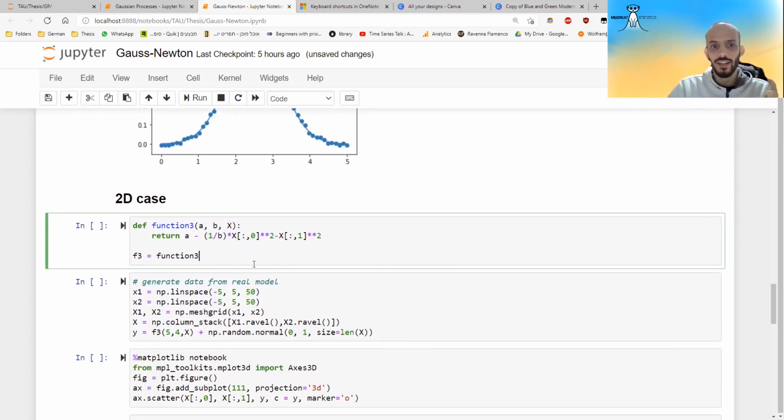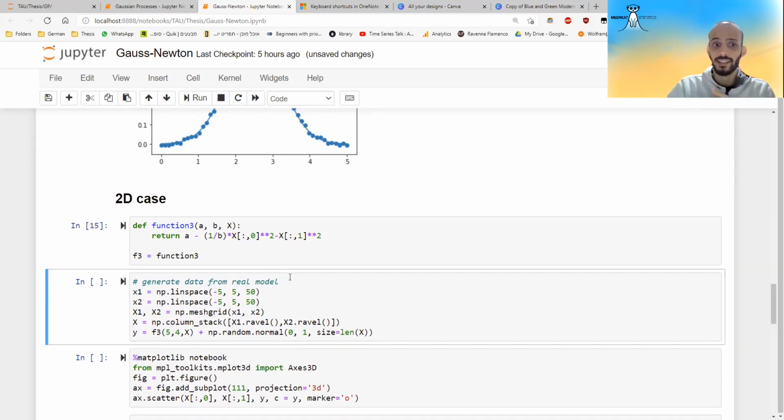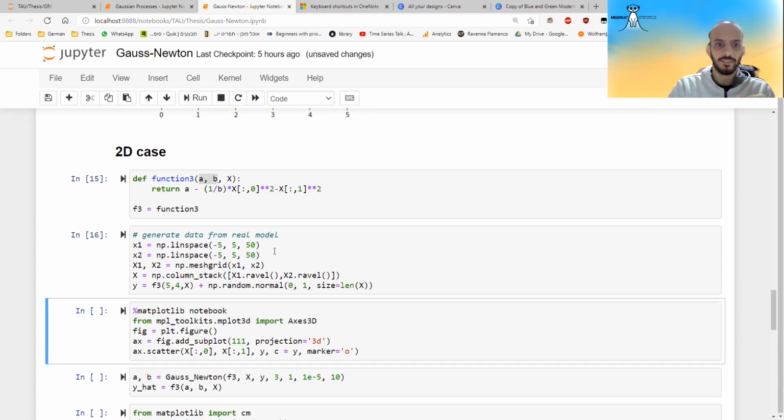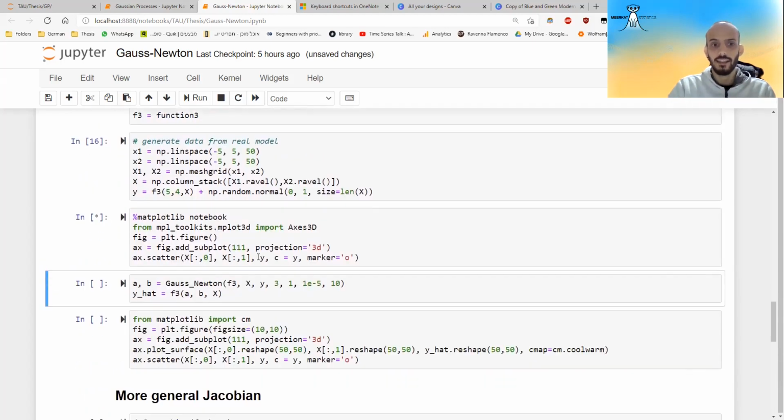So here I have another function that I calculate, and this time x has 2 dimensions, but I still stay with 2 parameters. And I calculate the y for the values of the function in a grid of between -5 and 5, and I scatter it.